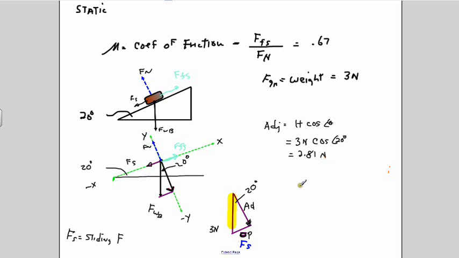That seems like a reasonable value. It's smaller than the hypotenuse. So we're going to say the adjacent side is equal to 2.81 newtons, and therefore the normal is equal to 2.81.